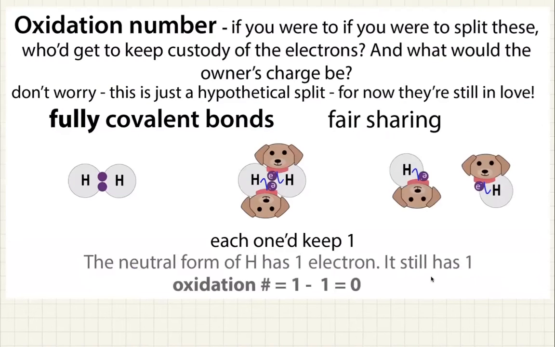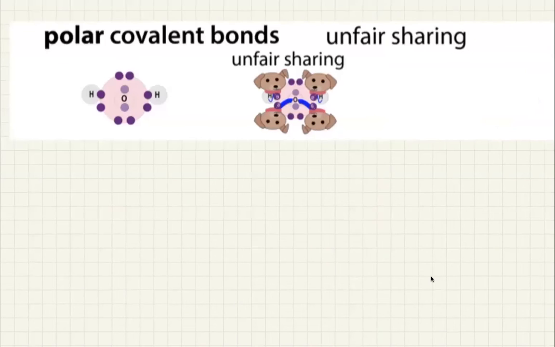And in fact, that is exactly what we see. So that was a nonpolar covalent bond, but now let's think about a polar covalent bond. So in this case, we're going to have unfair sharing. And so in this case, let's take the example of water, H2O. What would happen if you split this up? Where would the electrons go?